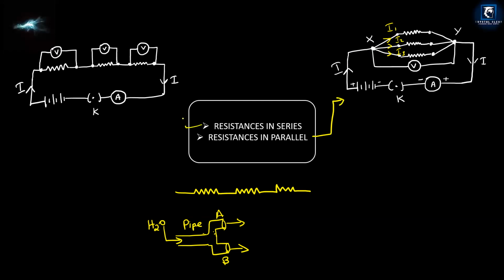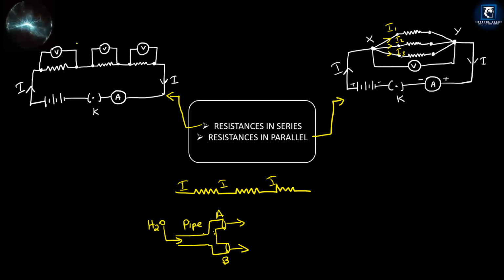For resistance in series, the current remains the same because there is no division. The current is same in all the three. Whereas here the current is divided into 1, 2, and 3. This is a very important difference between these two.